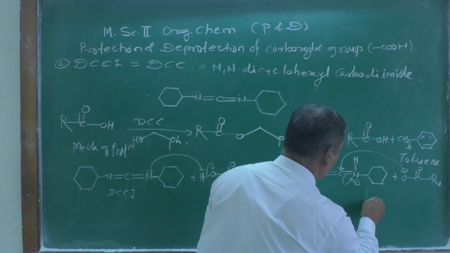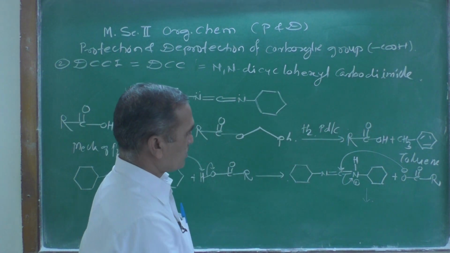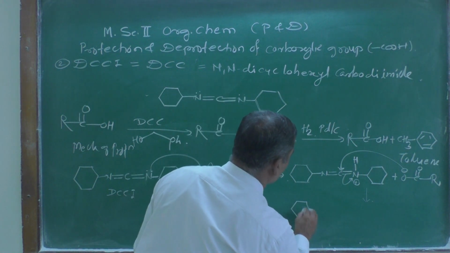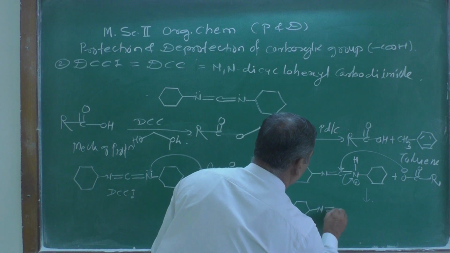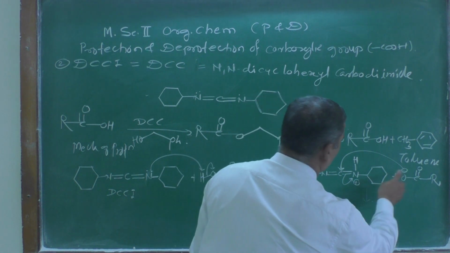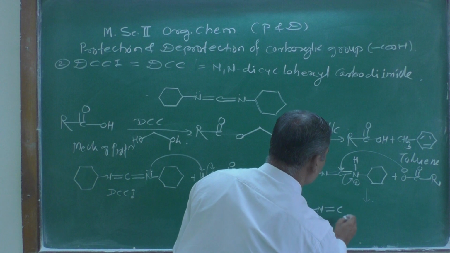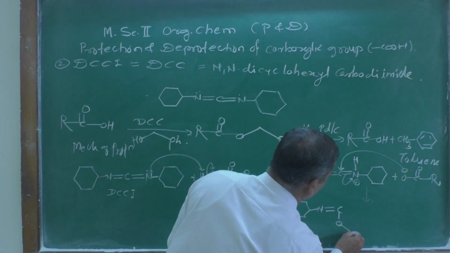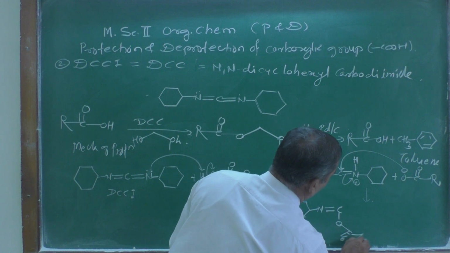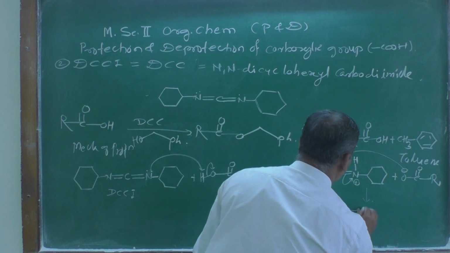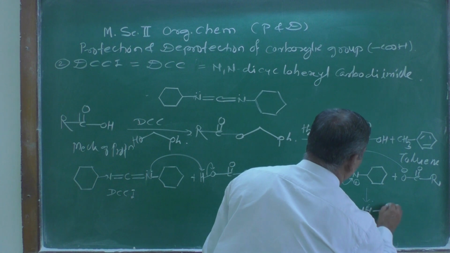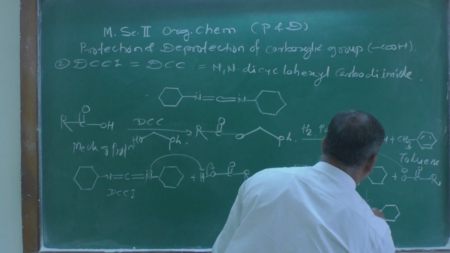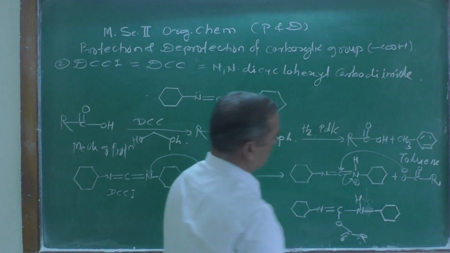Now what is going to happen next, this structure as it is, then N double bond C. Now here I am writing O, then C double bond O R, and then NH, then this one, or this H you can write here above so that it looks nice.